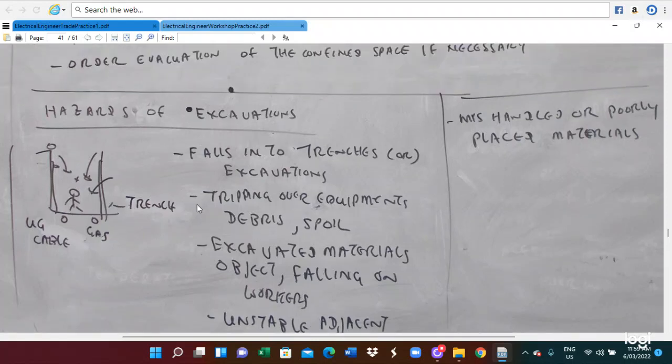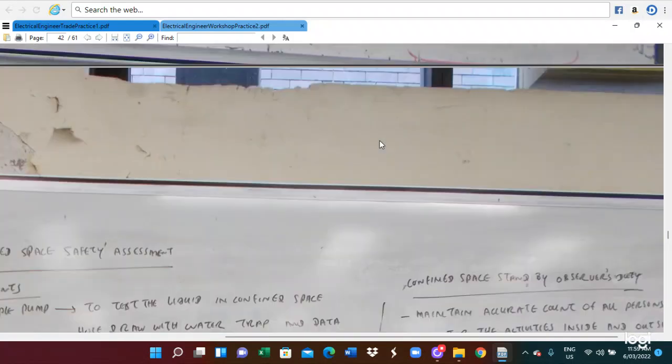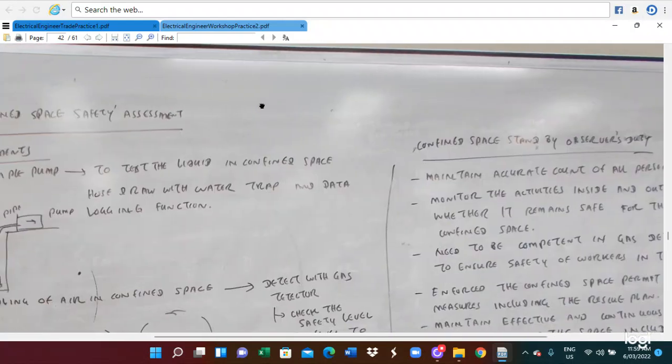Those are the important aspects of the hazards of the excavation. Therefore, you also have to handle the placement carefully, because poorly placed material, not properly designed, will fall down onto the worker. So those are important aspects.